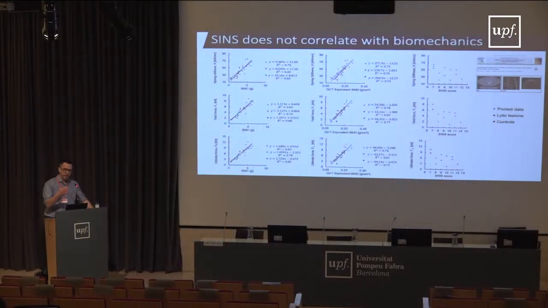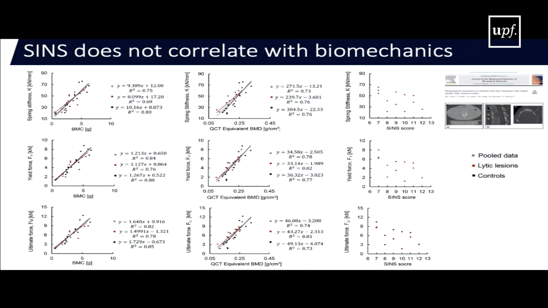And in this biomechanical project, we were really interested in the association of the real biomechanical properties of the affected vertebral body and the SIN score of the patient. On one hand, we found a very nice association between the metastatic lesion, the appearance, the type of the metastatic lesion, the amount of the vertebral involvement, and so on, and the biomechanical properties.